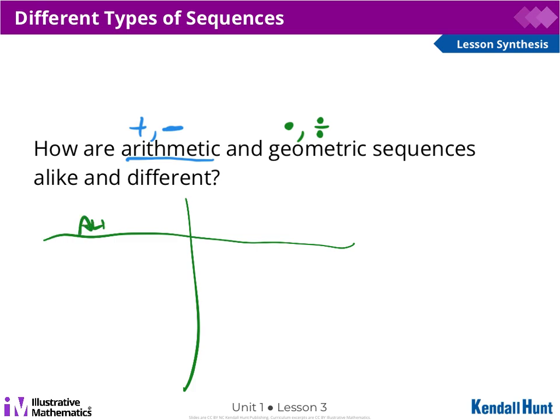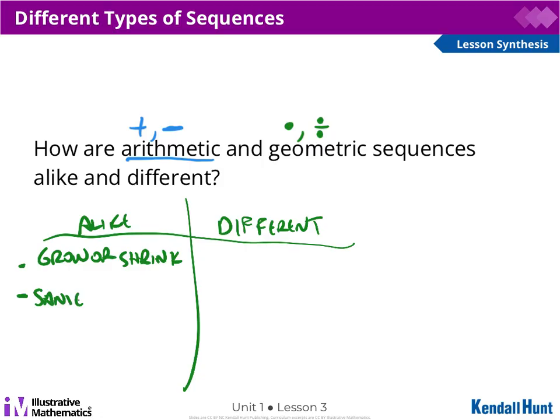So let's do the alike on the left. So alike, different. They either grow or shrink. They either increase or decrease. They have the same number acting between each term. Same number operating.